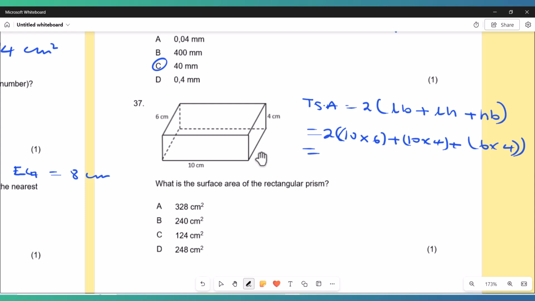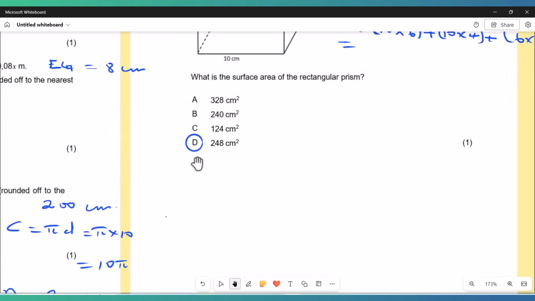What do we get here? It gives me 248. So the answer here is D. That's 2480 centimeters squared. Total surface area for the rectangular prism.